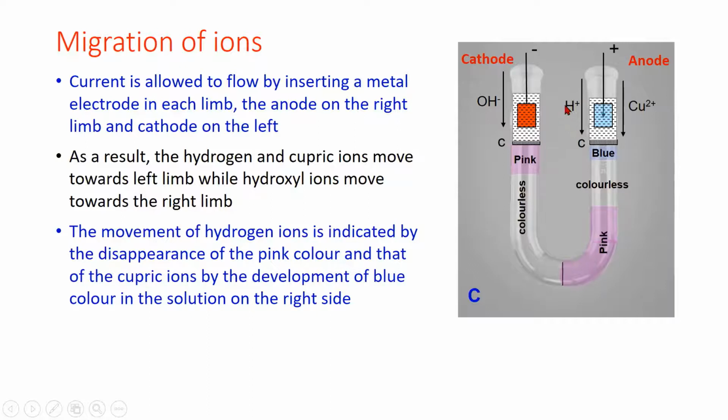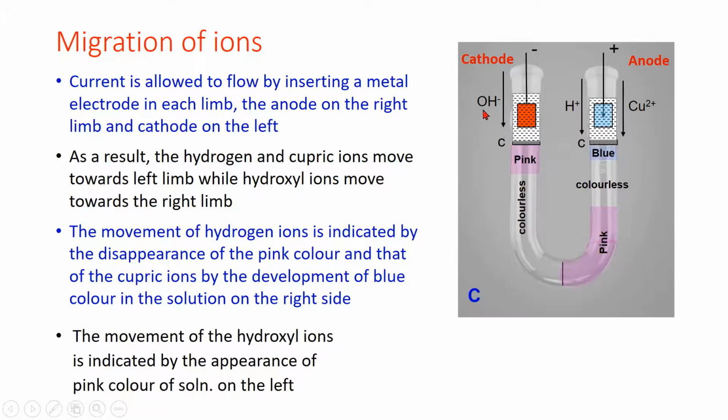Movement of hydrogen ions is indicated by the disappearance of pink color, and the movement of cupric ions is indicated by the appearance of blue color in the right limb. Movement of hydroxyl ions is indicated by the appearance of pink color on the left limb.